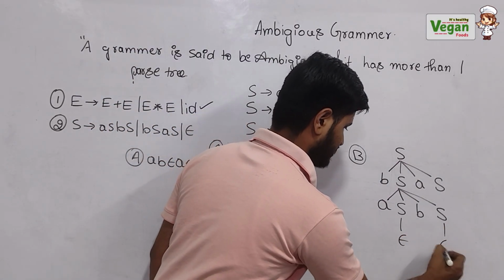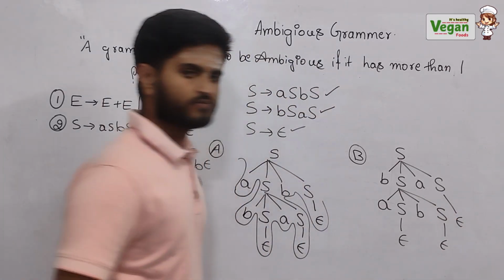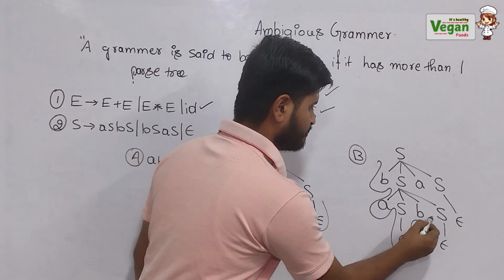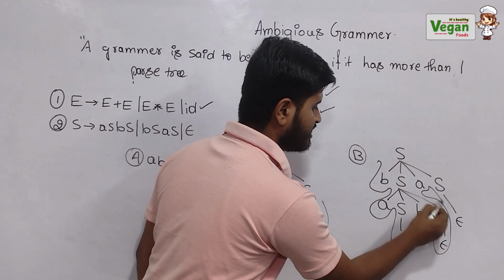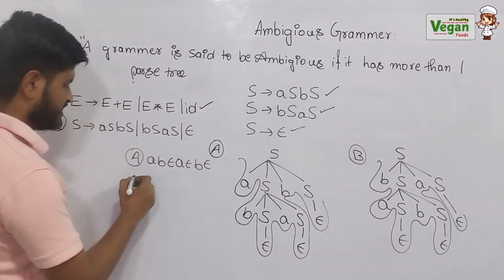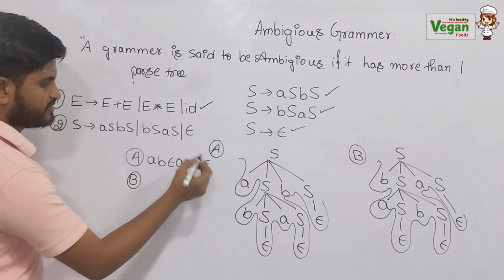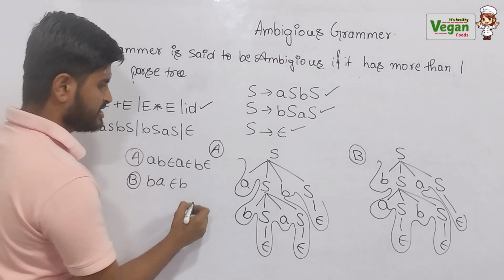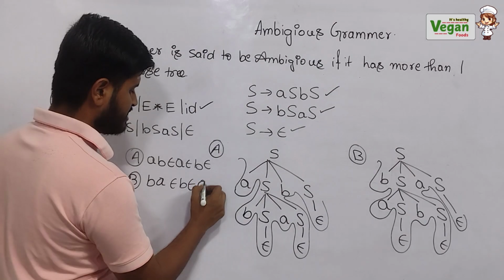So epsilon, epsilon and epsilon. Now travel using the leaf nodes, that is, with no child further: B, A, epsilon, B, epsilon, A, epsilon.